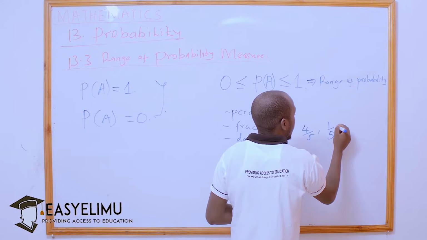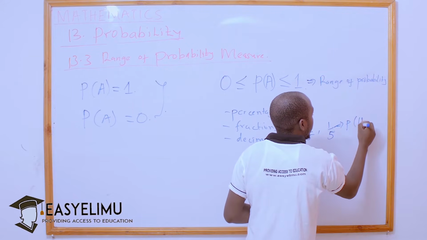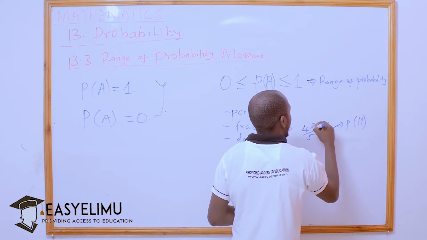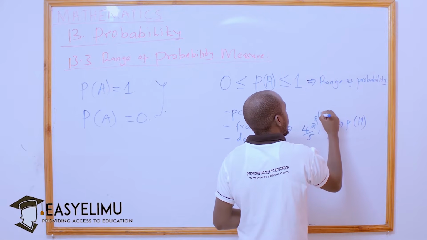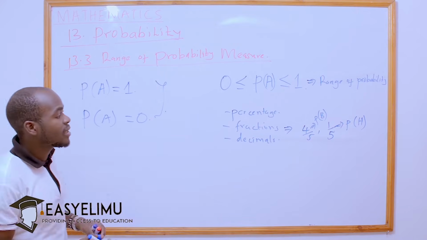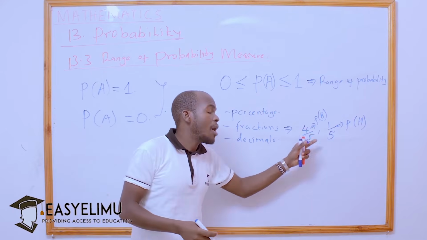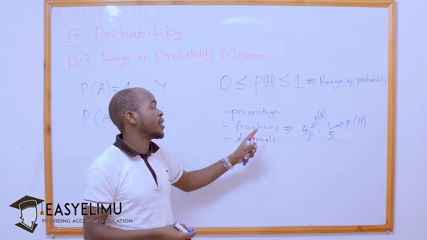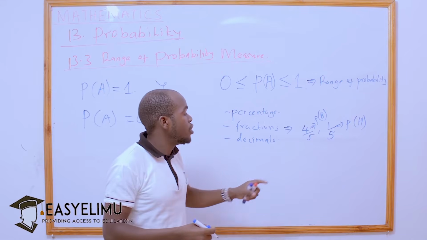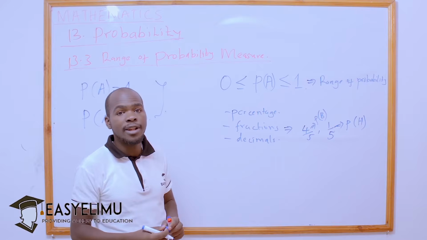So this one was the probability of obtaining a heifer, and this one was the probability of obtaining a bull. So that is how we did it. But these two probabilities can still be expressed in percentage by multiplying by 100, or you divide them completely and give the answer in decimal. You can still do that.